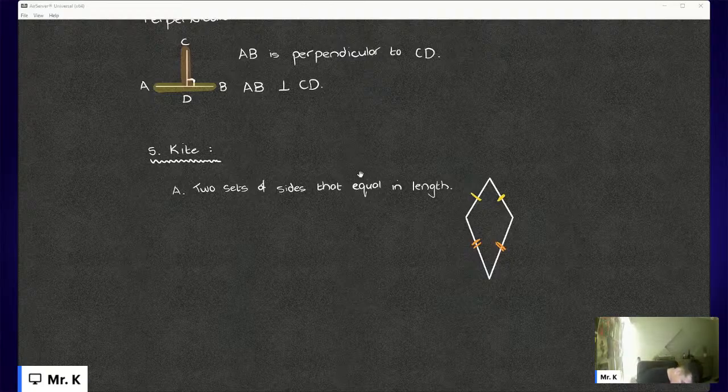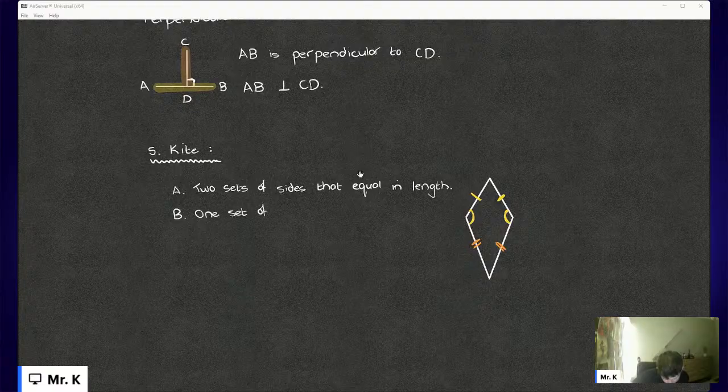There is one set of equal angles, and it's always where the two different length sides meet, right? So, property B is that there's one set of equal angles, which we've now marked on the diagram. So that talks about the sides and the angles.